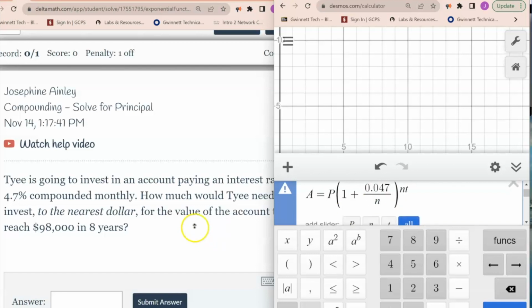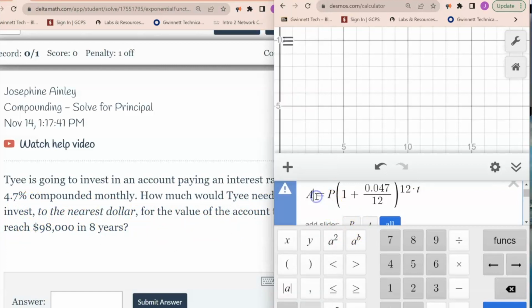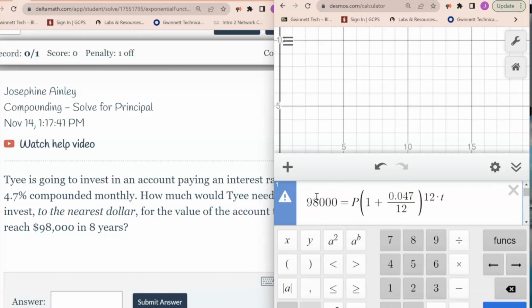0.047. It's compounded monthly. Okay, so how many months in a year? 12. So that's your N. N is the number of times it's compounded. So it's compounded 12. And then let's go ahead and put multiplication right there. All right, and then how much would Terry need to invest to the nearest dollar for the amount to reach 98,000? So this is equal to 98,000.